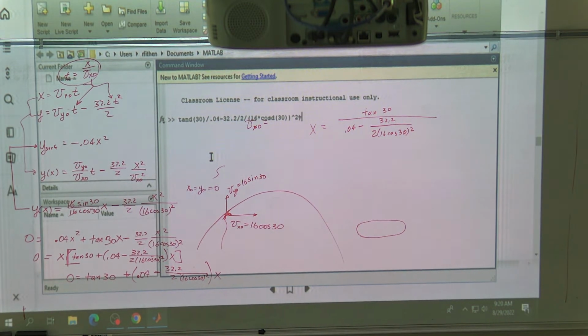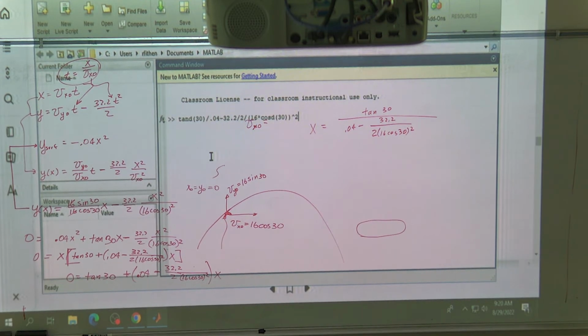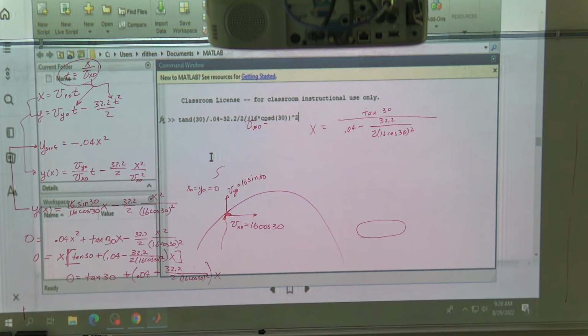Do I have to put another bracket? Oops. Yeah, I guess that's okay. But I gotta put, yes I do, I forgot to put a bracket in front of it.